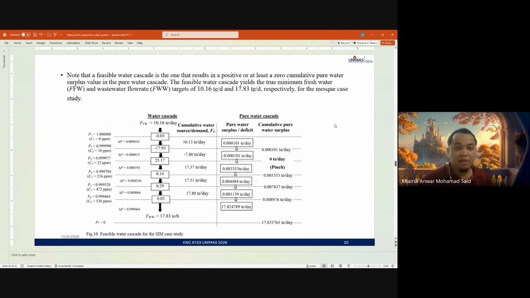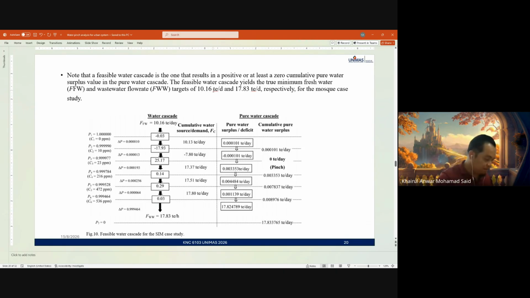Note that the visible water cascade is the one that results in a positive or at least a zero cumulative pure water surplus. In the pure water cascade, the visible water cascade yields the true minimum fresh water FW and wastewater product target of 10.